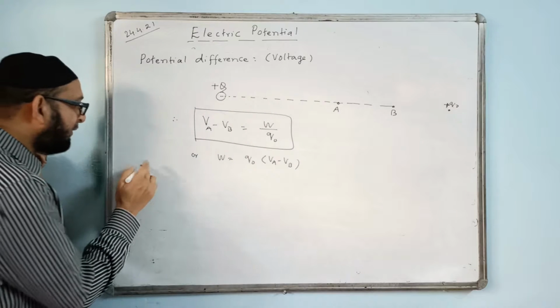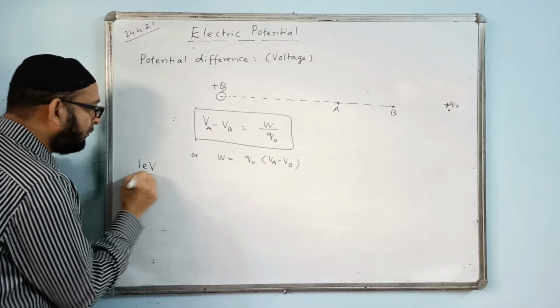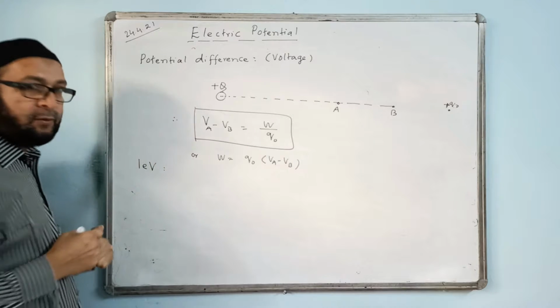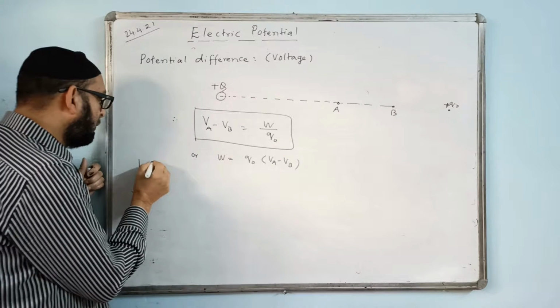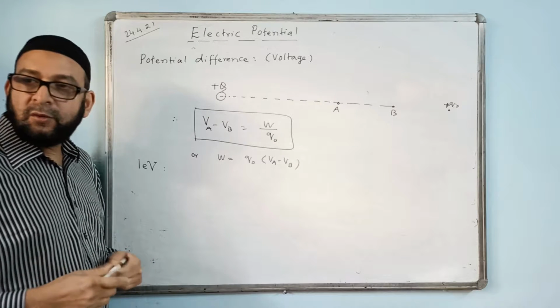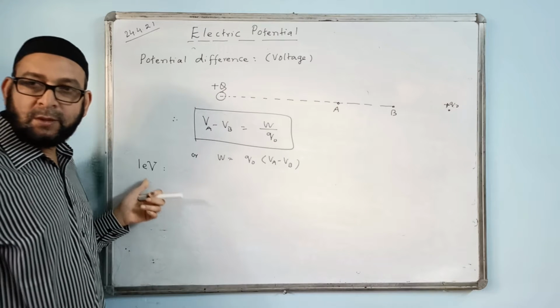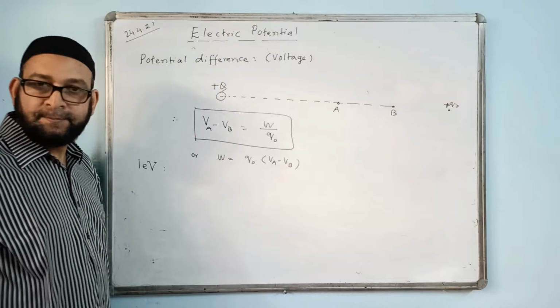Okay, now we will give the definition of 1 electron volt. I think in class 10 also this topic was there, and you used to take it as a unit of energy.